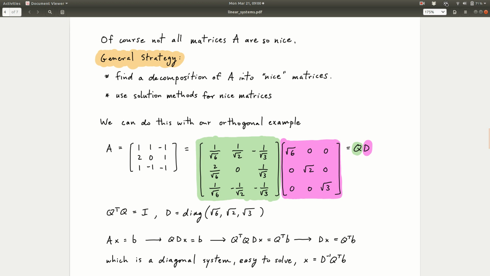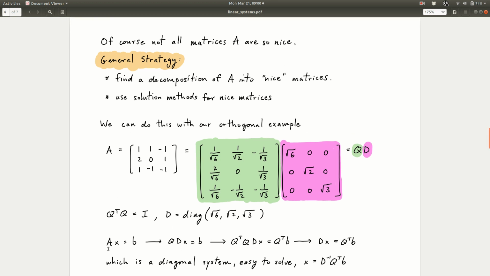And when we go to solve AX equals B, what we do is multiply on the left.